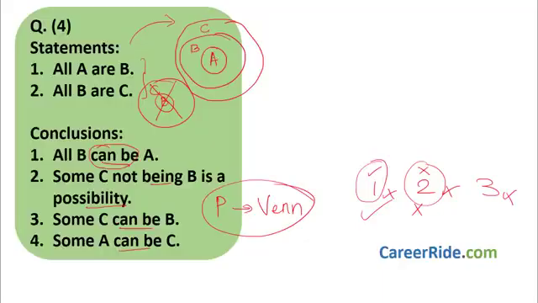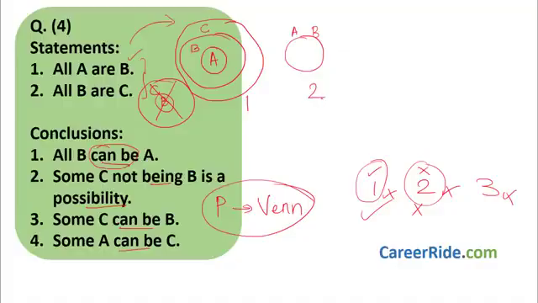But we already know that all A are B. This statement can also be written this way: A, B. Now here the condition gets satisfied. All A are B, this statement gets satisfied, and at this point we can say all B can be A. So we have two Venn diagrams.